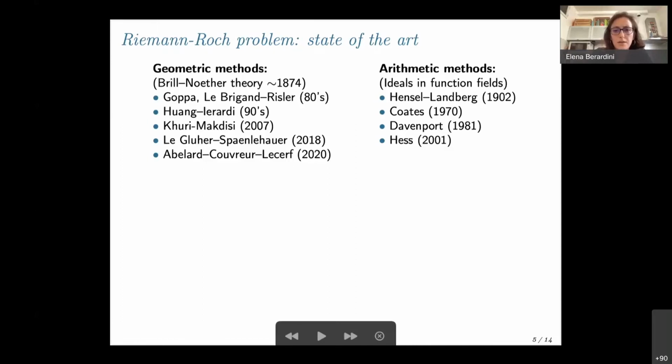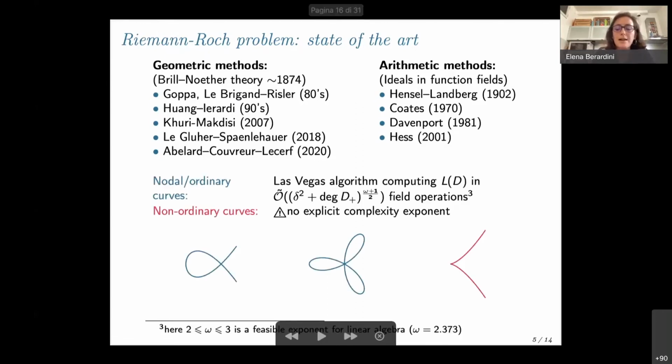And in particular, in these last 3 years, we had some papers that use this theory in order to propose algorithms that can compute L of D for nodal curves and ordinary curves, where these two adjectives attached to curve simply tell you what kind of singularity, so singular points, you can have on the curve.